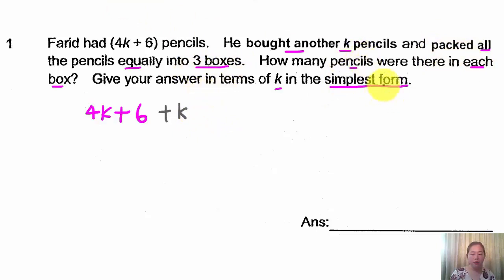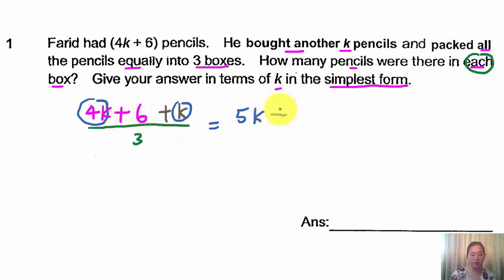Because the question asks for each, we know that it has to be divided by 3. So this is equal to 4K plus K, which is 5K, plus 6, divided by 3. So this is our answer.